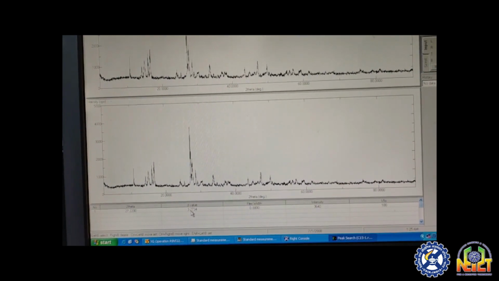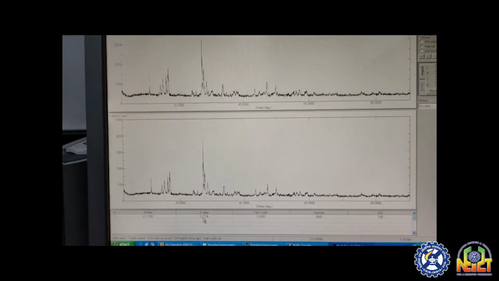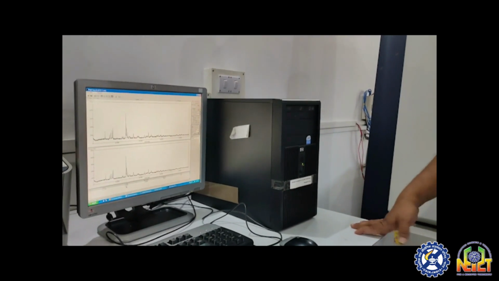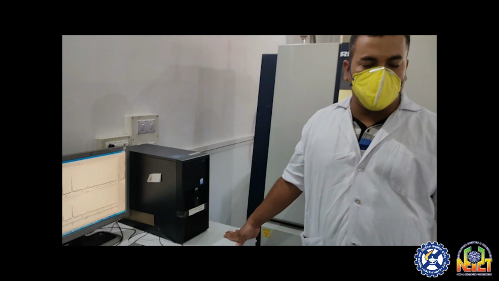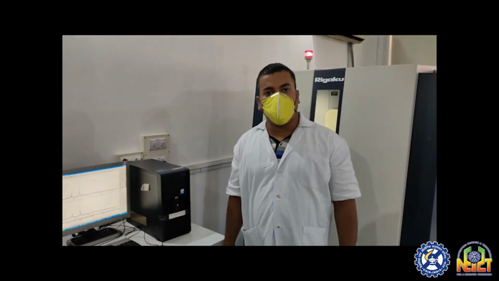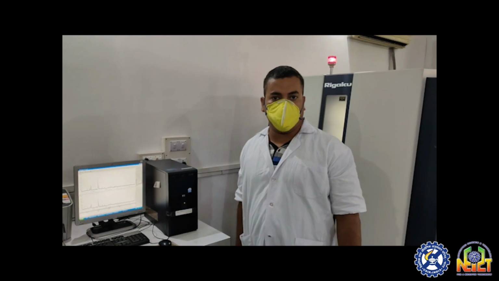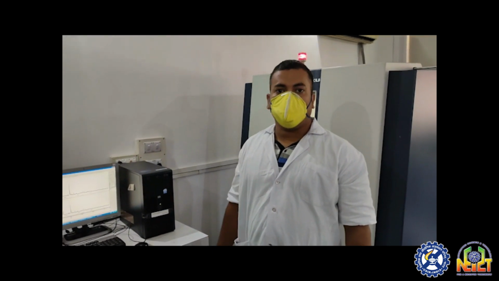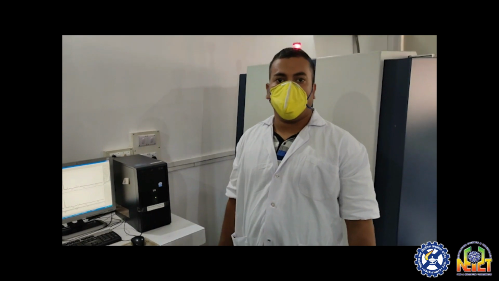This peak appears at 2 theta 27.2, and this spacing value is 3.27, and from this spacing value we can identify the phase present in the material. From these XRD peaks we can analyze many things like crystalline size, percentage crystallinity, and also purity of the sample. But it is very difficult to explain all these things in this short video. So I want to conclude my topic. Thank you.